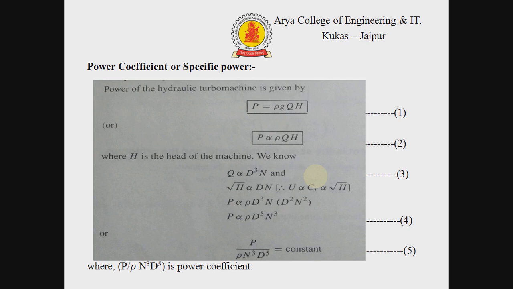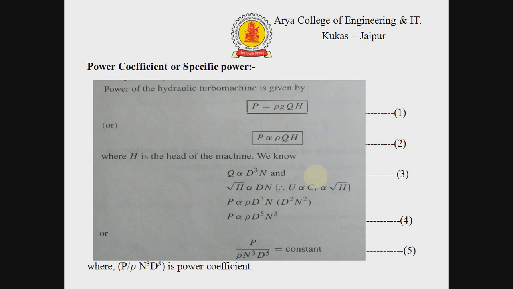Now we discuss the power coefficient or specific power. The power of a hydraulic turbo machine is given by equation number 1: P equals rho g Q H, or we can say that P is proportional to rho Q H, because g is a constant, as shown in equation number 2, where H is the head of the machine. We know that Q is proportional to D cube N, and under root H is proportional to D N. So we can say that P is proportional to rho D cube N into D square N square.